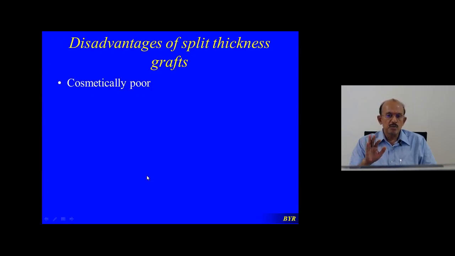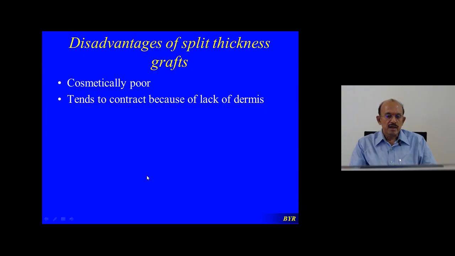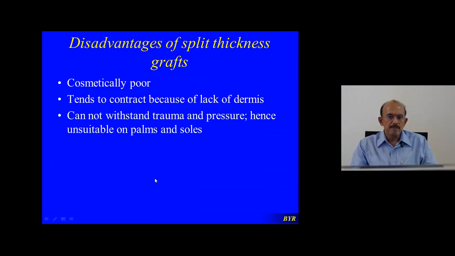Disadvantage: cosmetically poor. It gives a blackish or brownish area which over a period of weeks and months contracts slightly. It tends to contract because of lack of dermis. If dermis is there, then there will be elasticity. But this graft has no elastic tissue, so it tends to contract.